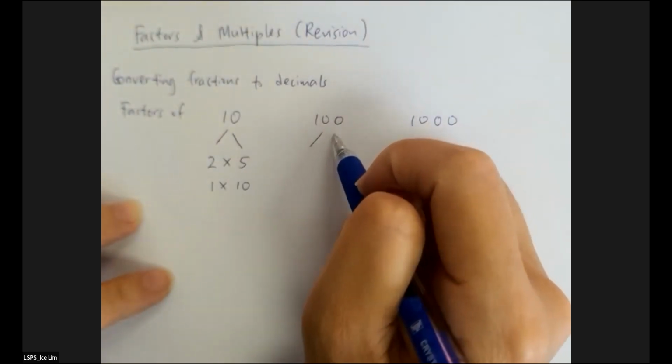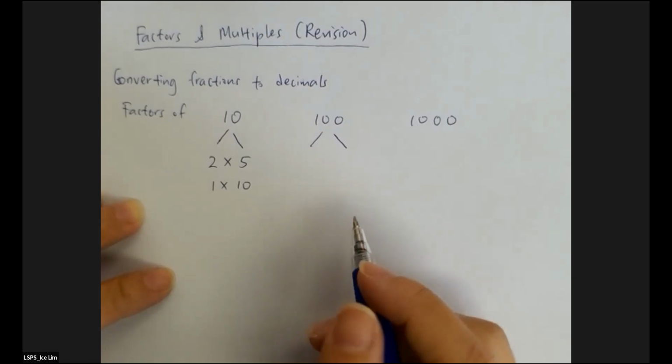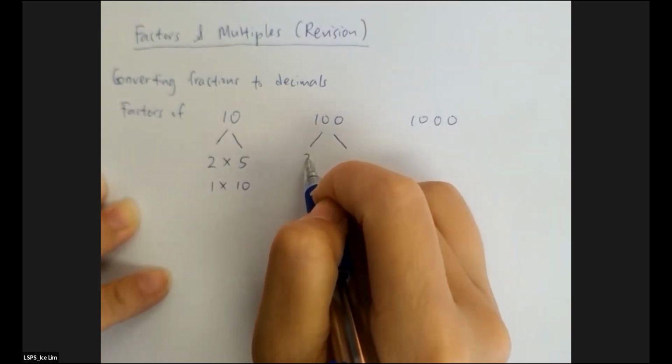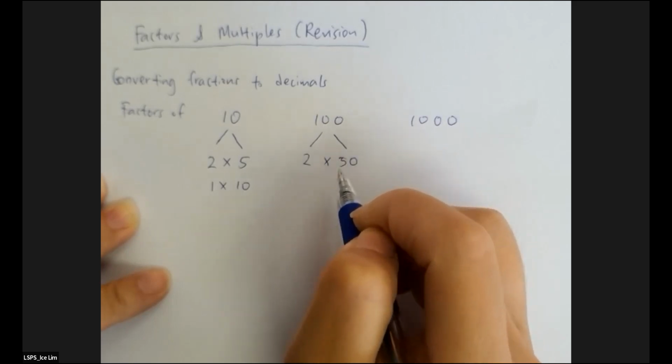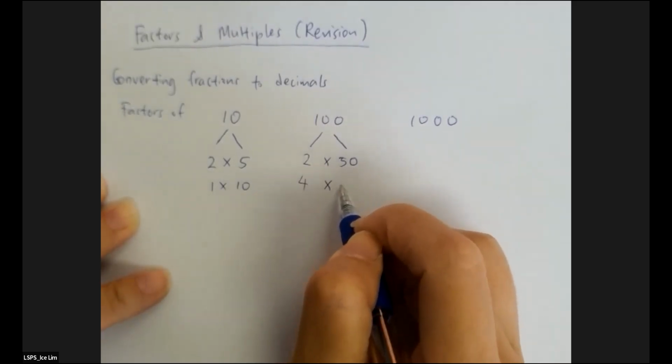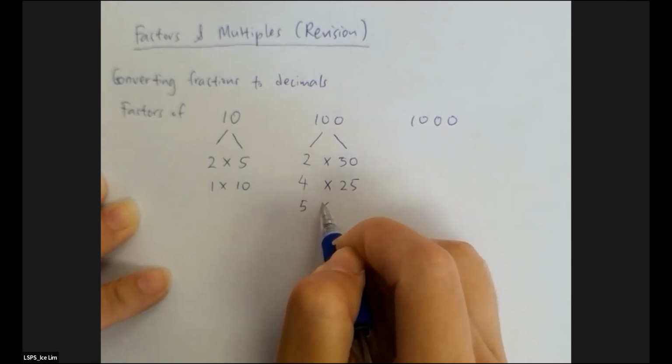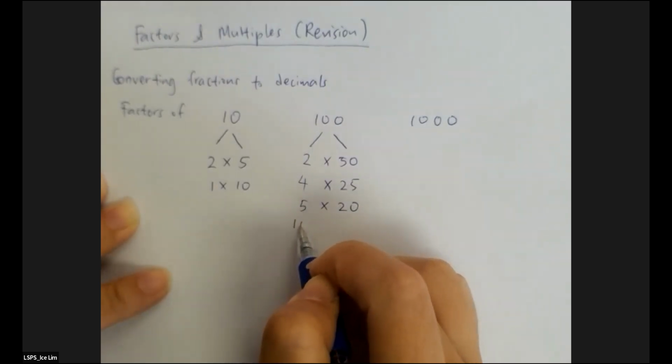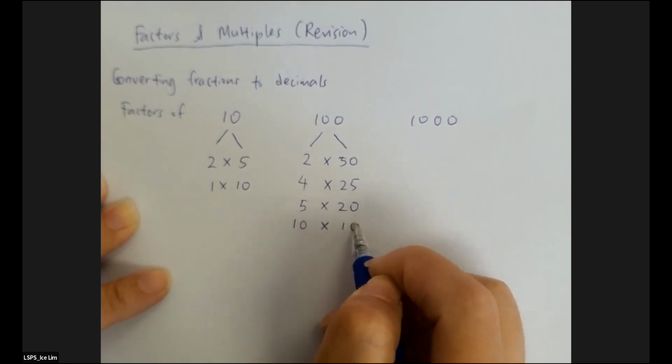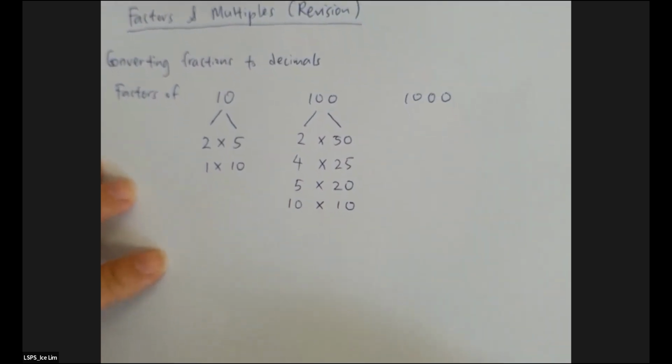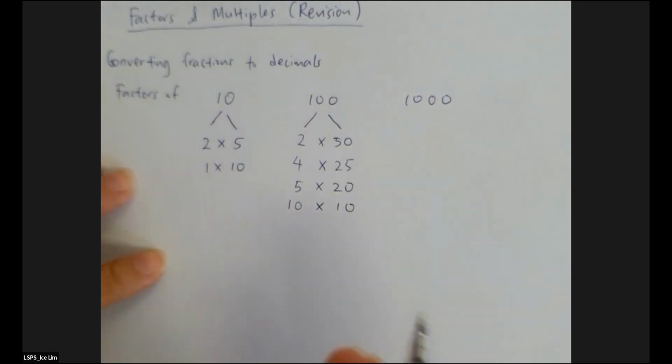So we talk about being able to remember or memorize the factors of these numbers. Well, I don't really need 10 times 10 because, like we said earlier, if the denominator is 10 already, I can immediately convert to the decimal. But I'm writing it down anyway since we are revising the idea of factors.